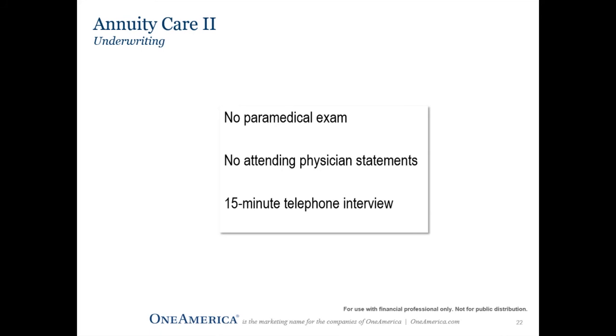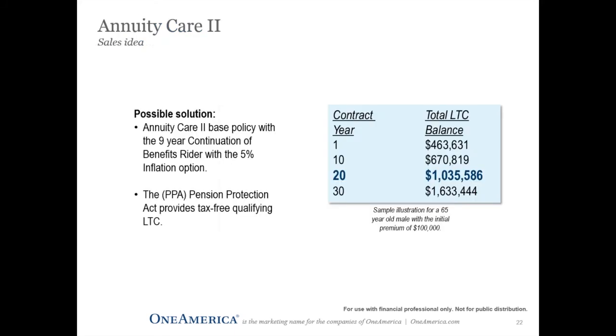Now, here's one of the things we put out in our advertisements to get folks to jump on the call. This is how we can take a $100,000 deposit and create a guaranteed $1 million for LTC. Here we're looking at a case where we've got a client who is 70 or younger, and we're going to use that maximum rider of 5.5 times.